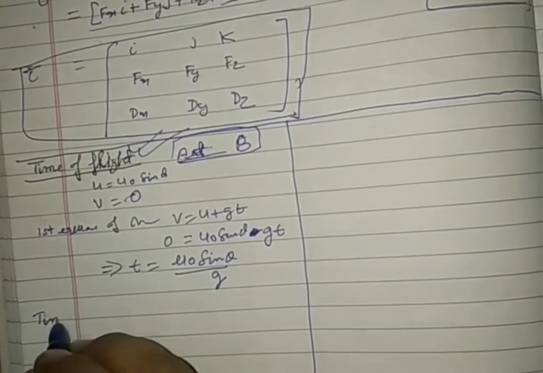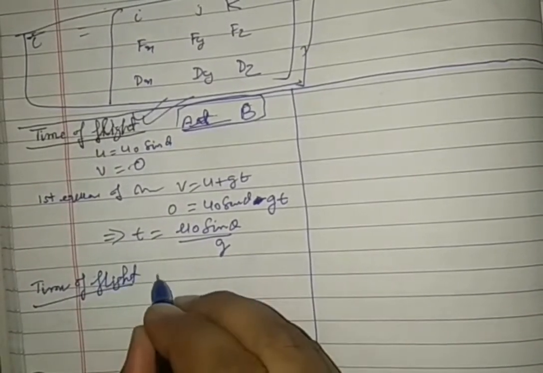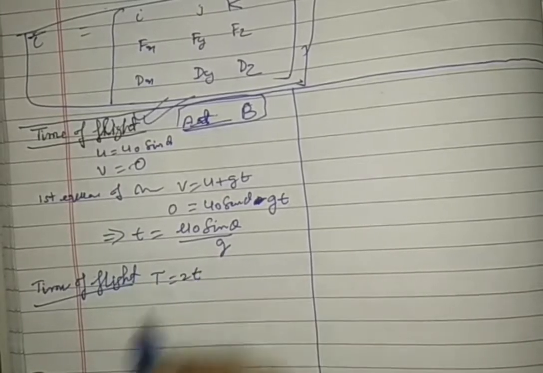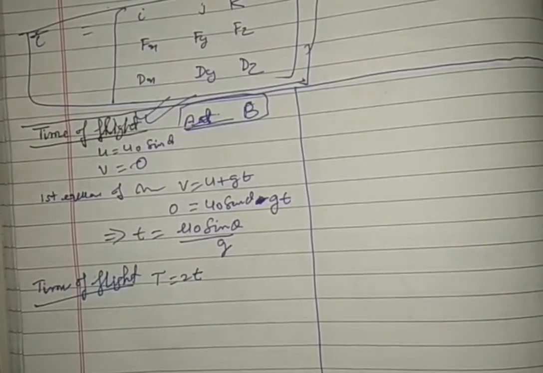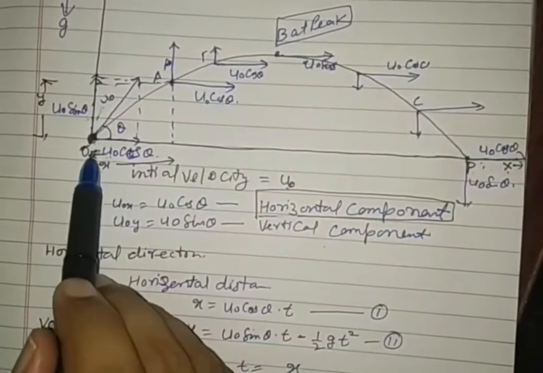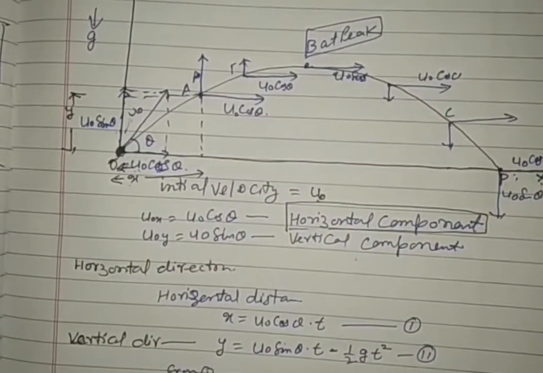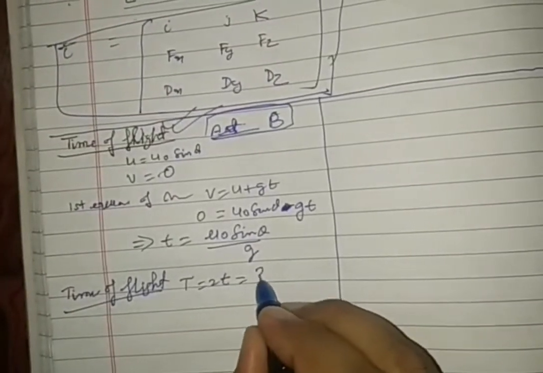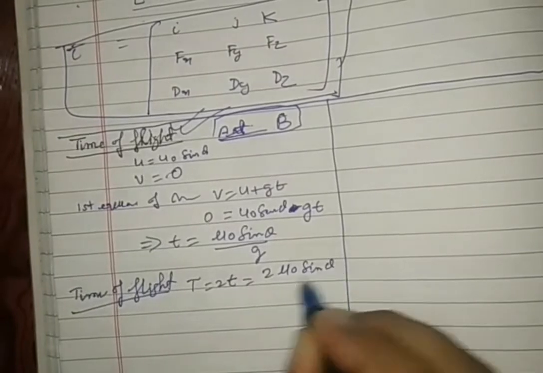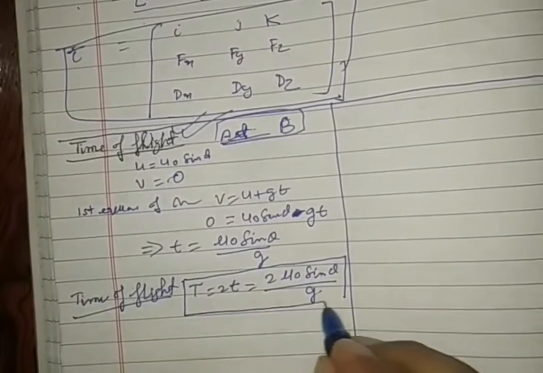Time of flight is represented by capital T. It is twice this, because the total flight is from O to B and then B to P, taking the same time. So the time becomes just double, 2u naught sin theta by g. This is the equation of time of flight.